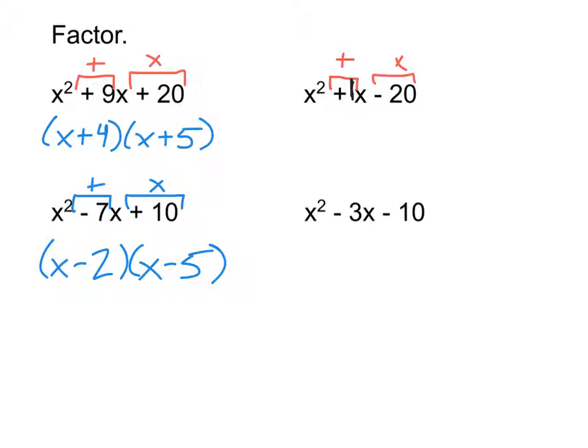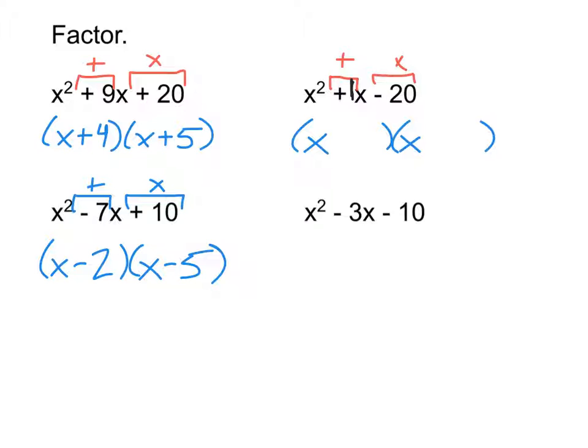Now notice I brought the 20 back again. Well, again, when I start thinking of 20, the first thing that comes to mind is 4 and 5. Will that help me here? No. Let's take a look. 5 minus 4 is 1. So I know, of course, every single time we factor a quadratic like this, I end up with the two parentheses, the x and the x. I need to multiply to a negative 20.